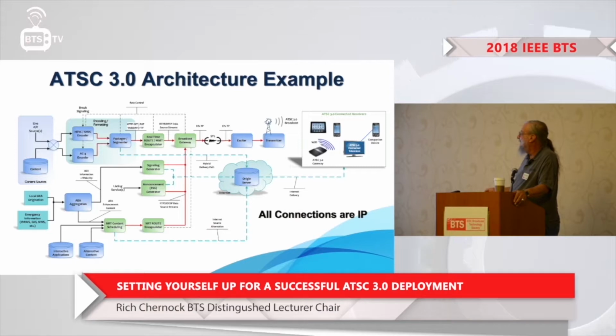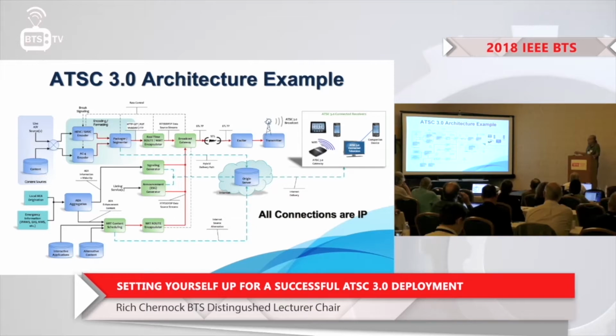Content comes in over here, gets manipulated, gets packaged, gets tossed off to the RF gear and the transmitter, magically goes across the air, and receivers take it apart, put it back together again, decode it, and display it. So this upper part is pretty much business as you're doing now, just using different words, different connectivity types, and so on. One big difference is that there's also a broadband path.